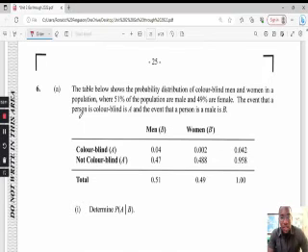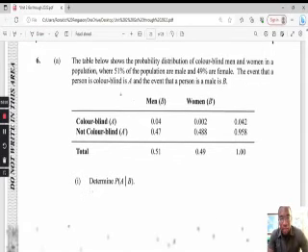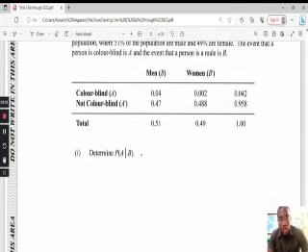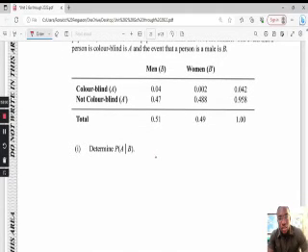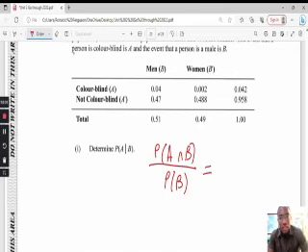The event that a person is colorblind is A, and the event that a person is male is B. Find the probability of A given B. The formula to use for conditional probability, you just need to remember, is the probability of A intersect B divided by the probability of B.